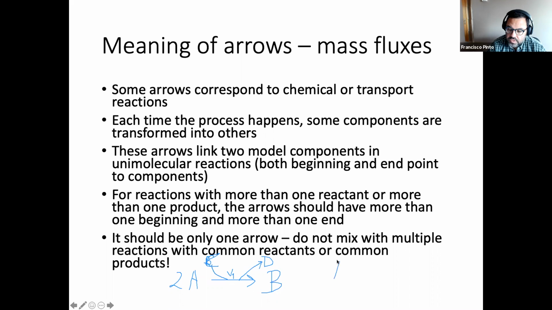In the differential equation of A, I'm going to have somewhere minus 2 times V1. And for example, in the differential equation of B, I will have plus V1.